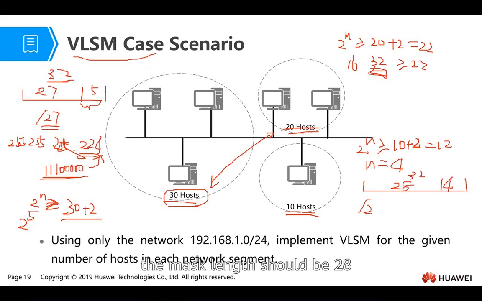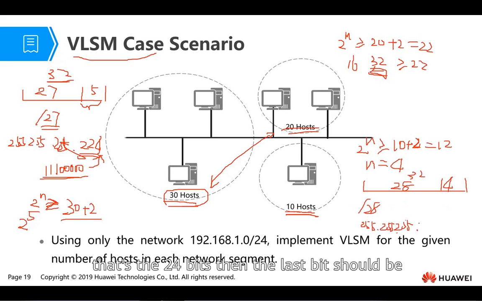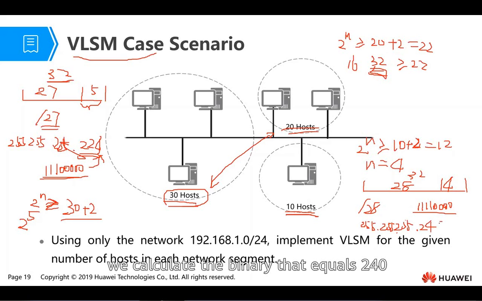So the mask length should be 28. Then the mask should be 255.255.255, that's 24 bits, and the last byte is 1111 and then 0000. We can calculate the binary, and that equals 240. You can practice this. This is how to calculate the VLSM.